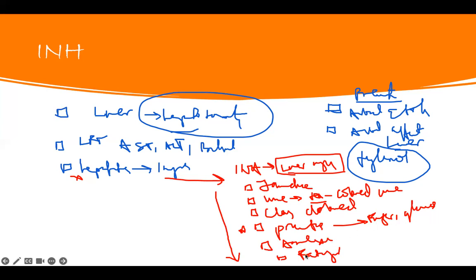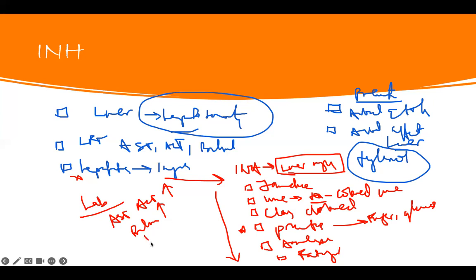They have anorexia, they become fatigued, and if they want to still make you think, they will give you lab work. And what do you expect? AST and ALT are elevated. They will give you bilirubin, which is elevated, and the liver is responsible for making all protein.